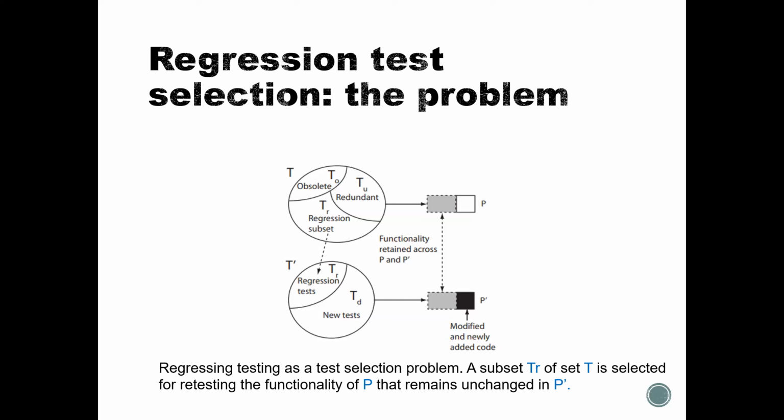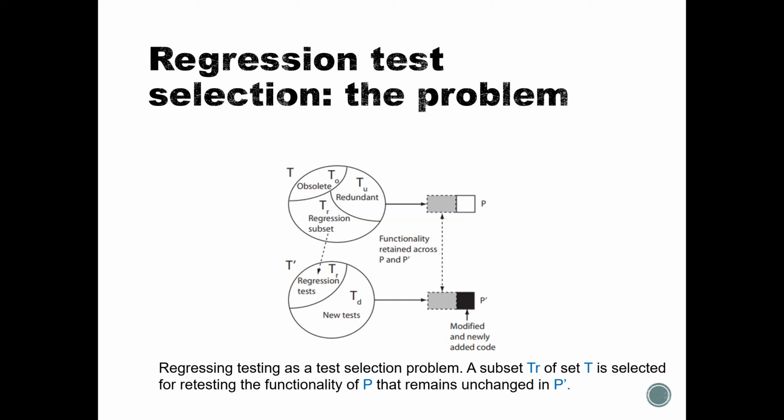And this regression test we have obtained from the previous test T, where TR represents regression test and TD is the new development test suite which we have developed in order to verify the functionality of P dash.